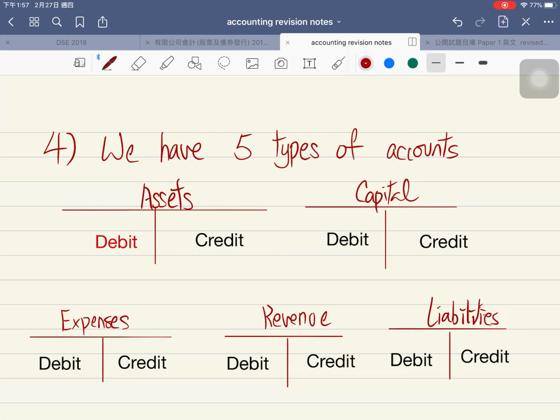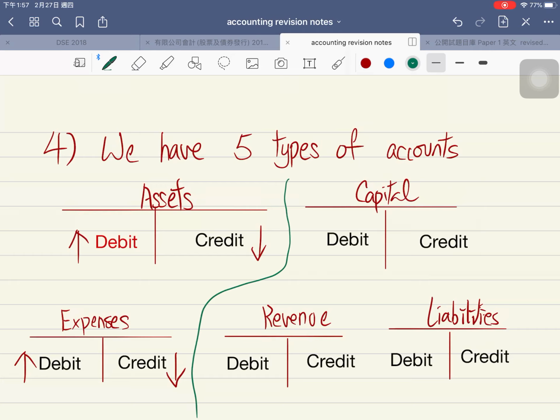What differs between these 5 types is the side for increase and decrease. When we record asset increase, we record in debit side. When we record decrease in assets, we record in credit side. It will be the same case for expense. Increase in debit side, decrease in credit side. So this is one part.